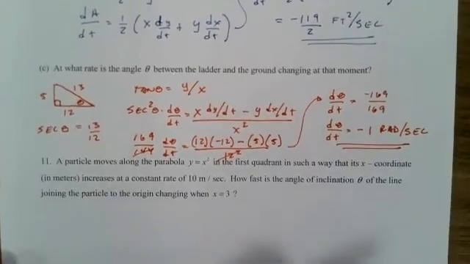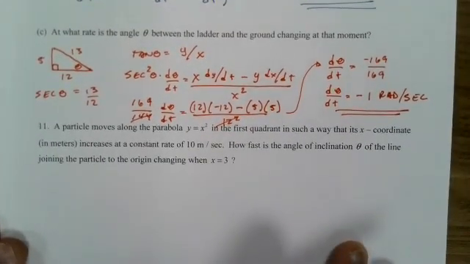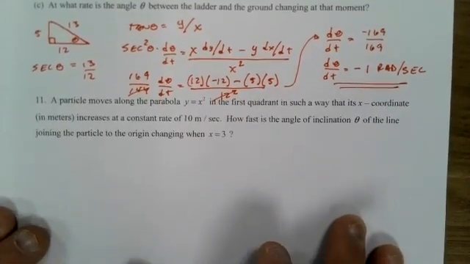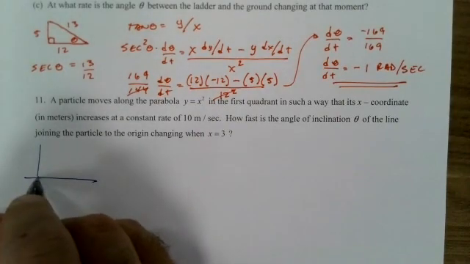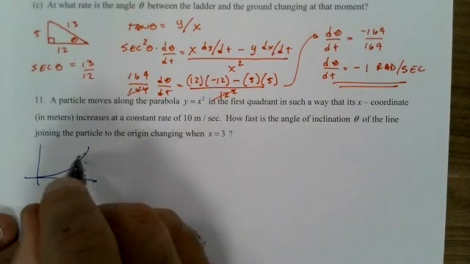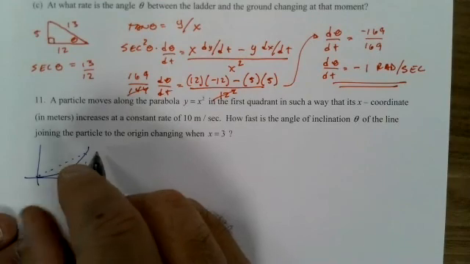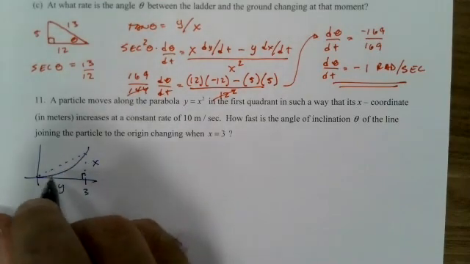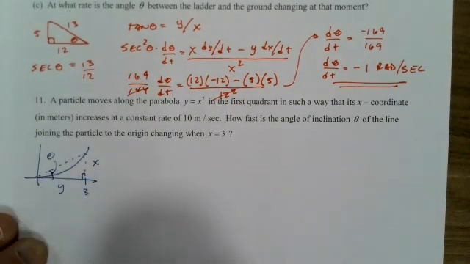A particle moves along the parabola y equals x squared in the first quadrant, with x coordinate increasing at a constant rate. How fast is the angle of inclination of the line joining the particle to the origin changing when x equals 3? I feel like I'm going to need this point. Well, that's an x. That's a y. That's a theta.